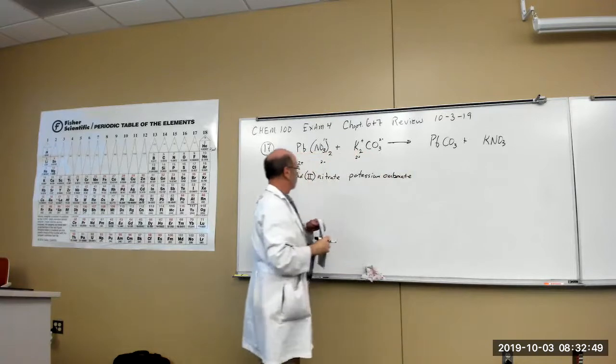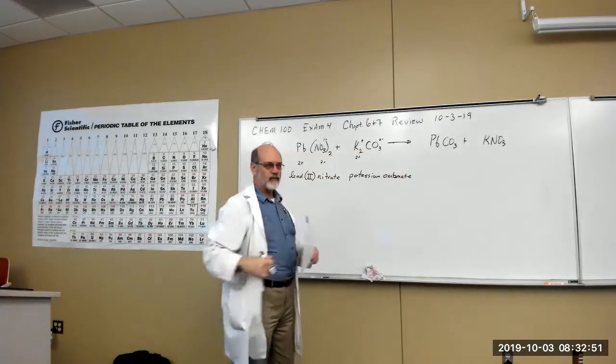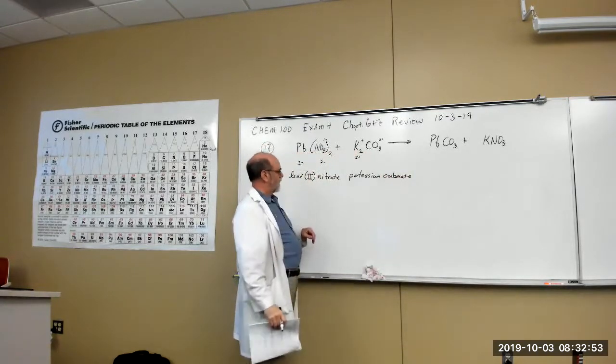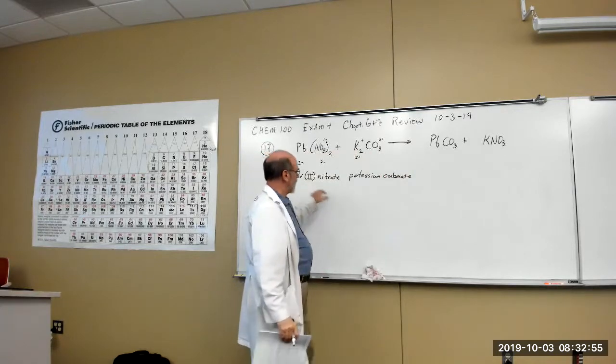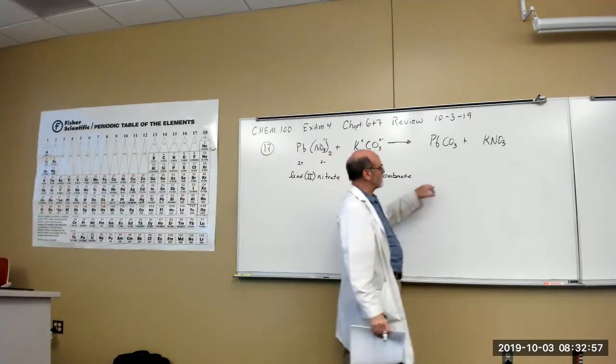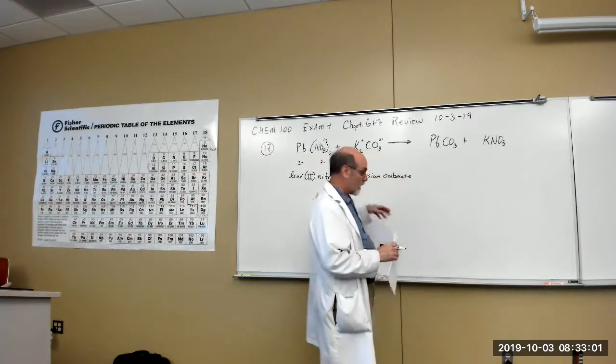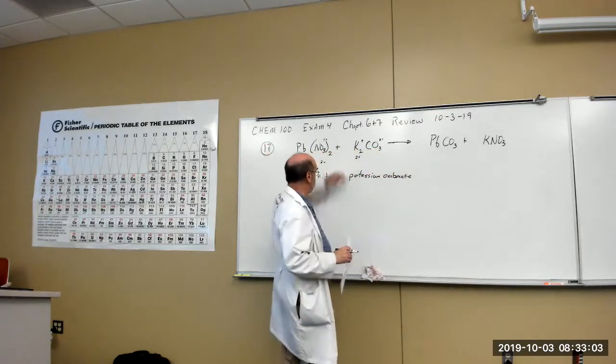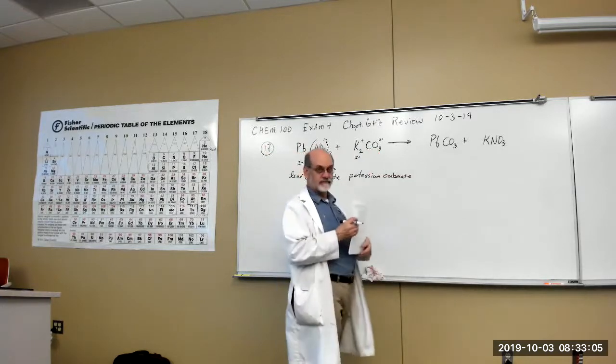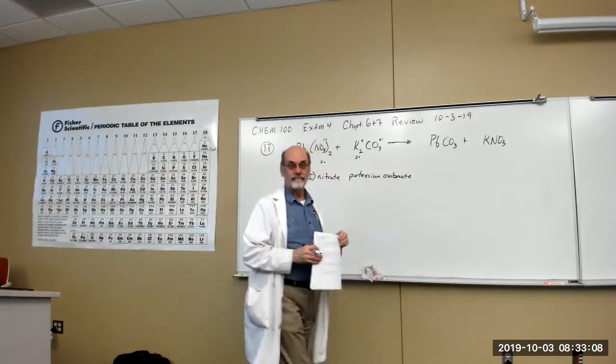Okay. So if this were in a word problem, we'd say, balance the equation of lead nitrate with potassium carbonate to yield these two, which we're going to name now. And then you would have to go in and go backwards from this to that, that one to that one.